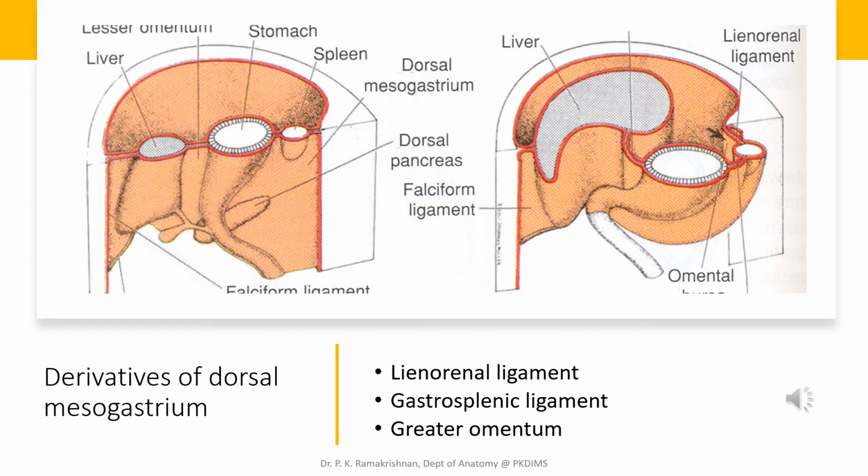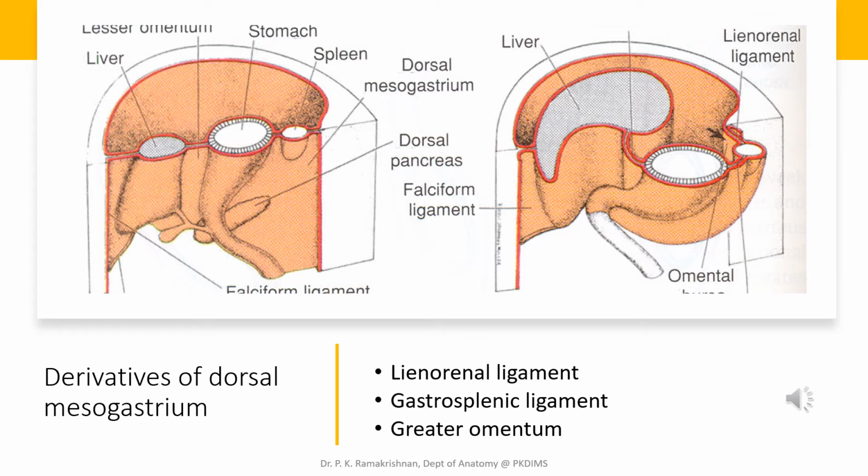This double-layered apron-like fold is termed the greater omentum. Later, its layers fuse to form a single sheet which hangs down from the greater curvature of the stomach. The posterior layer of the greater omentum also fuses with the mesocolon of the transverse colon.